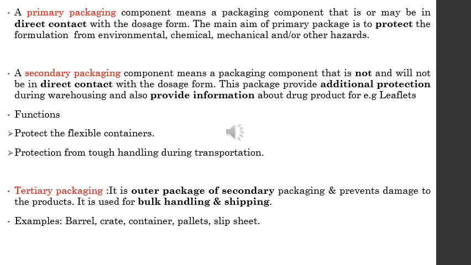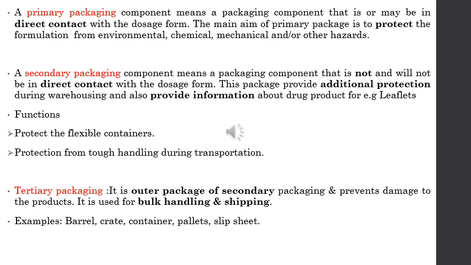Secondary packaging component is a component that will not be in direct contact with the dosage form. So it will provide an additional protection during the warehousing, and it may also provide information about the drug product. For example, leaflets.